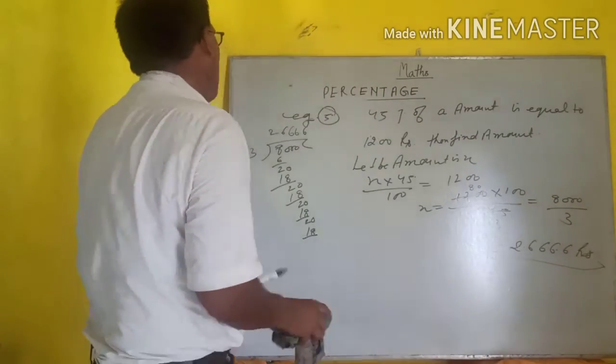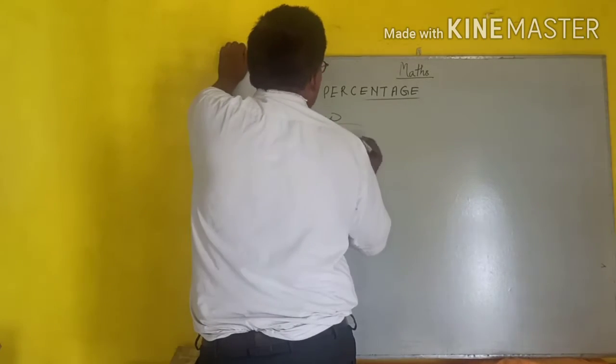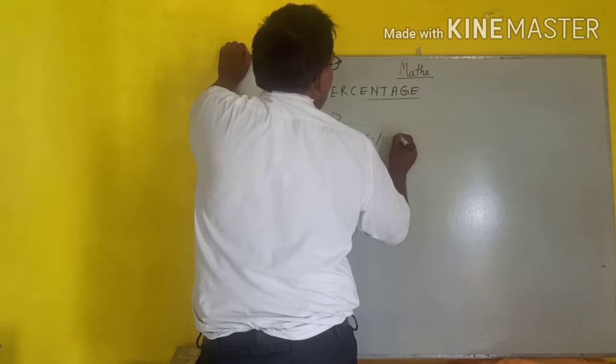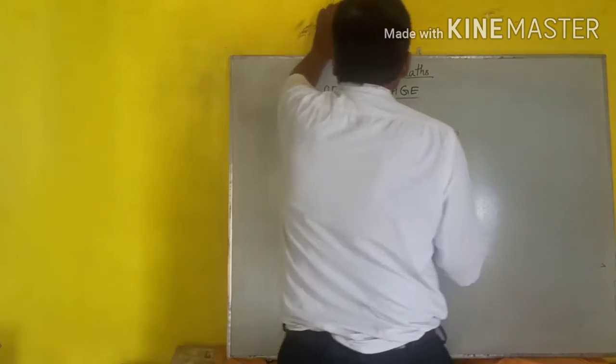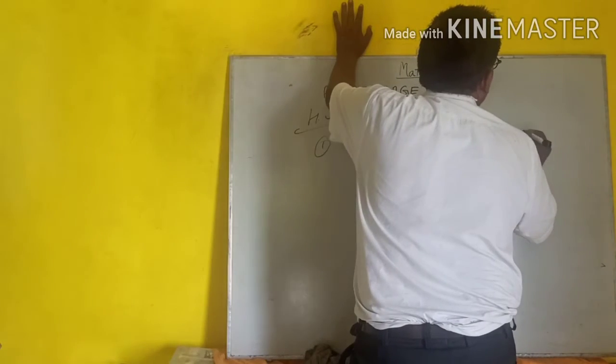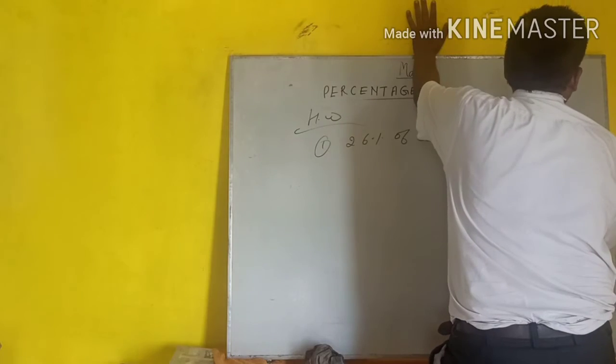Now I give you homework. See here. Solve the first question: 26% of 2600. Second question: 25% of 2000 rupees.